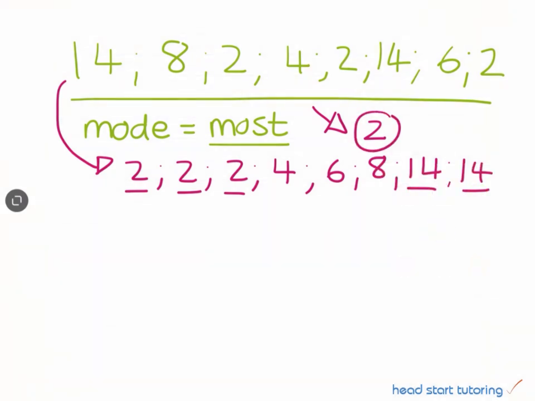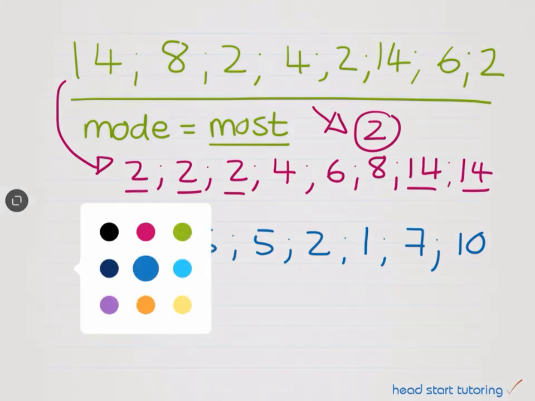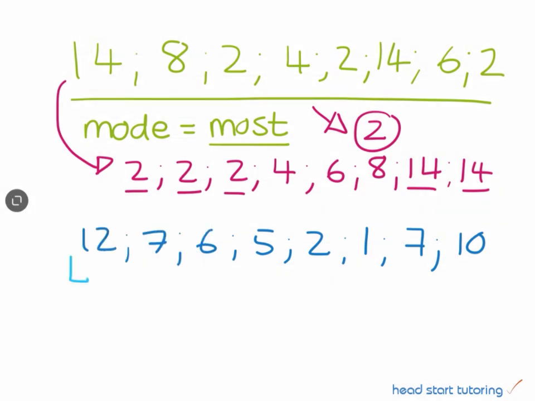If we have a look at another group of numbers, 12, 7, 6, 5, 2, 1, 7, and 10, I can again rewrite these numbers in ascending order.